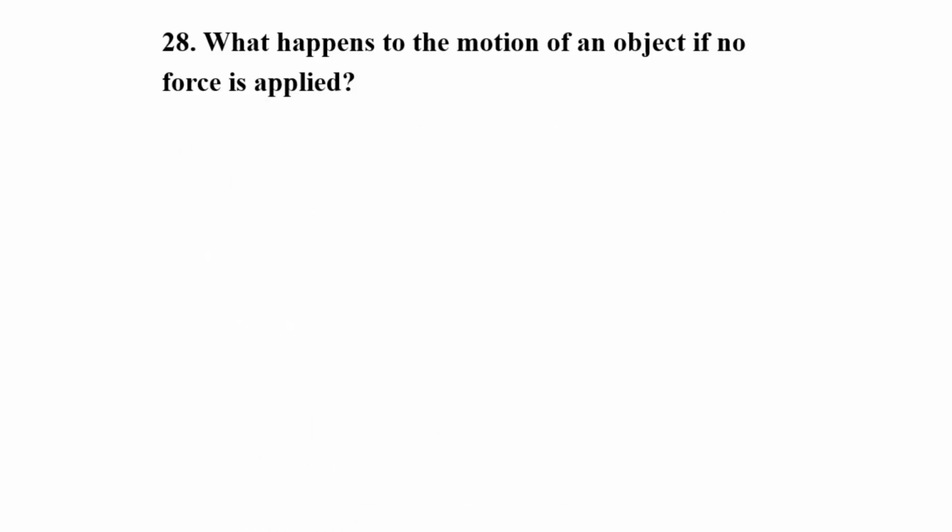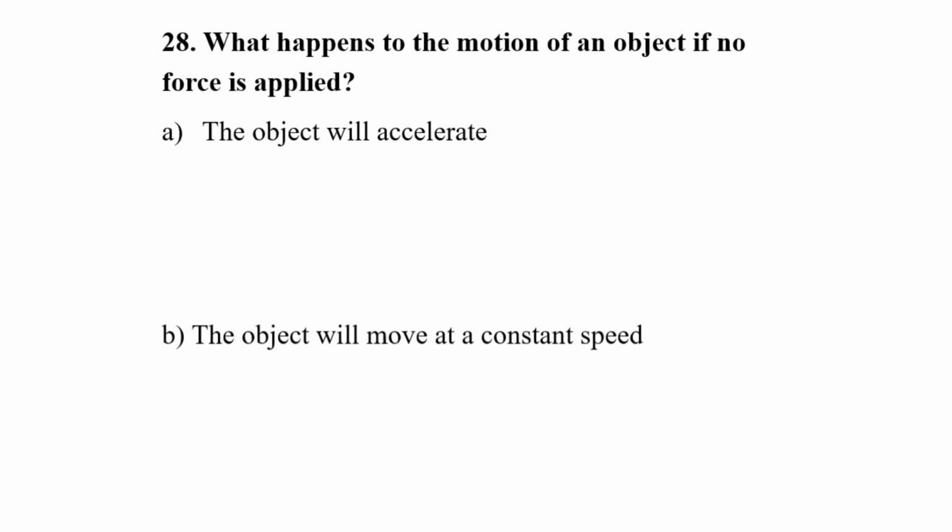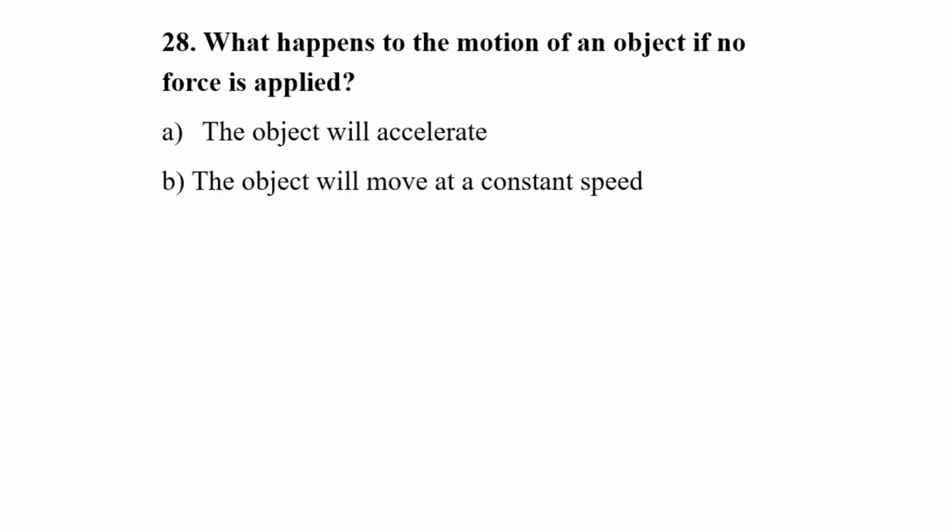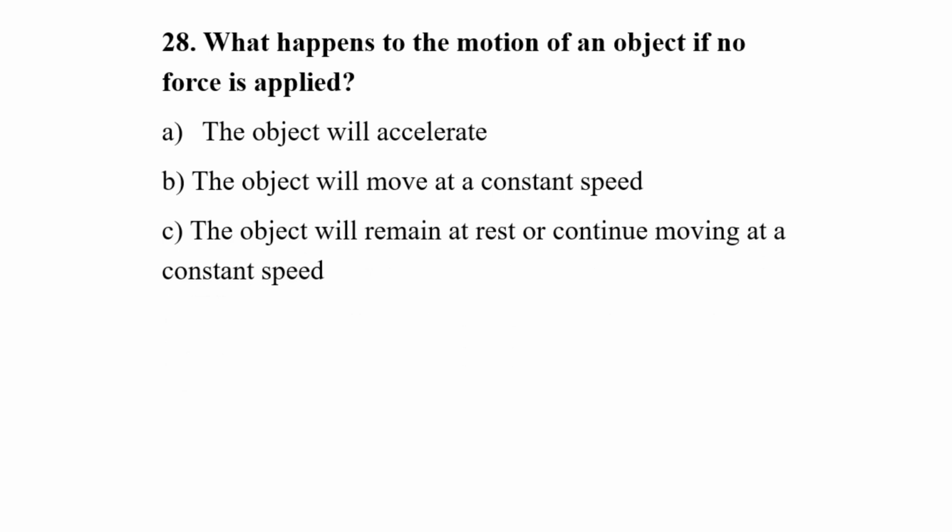Question number 28. What happens to the motion of an object if no force is applied? A. The object will accelerate. B. The object will move at a constant speed. C. The object will remain at rest or continue moving at a constant speed. D. The object will change direction.